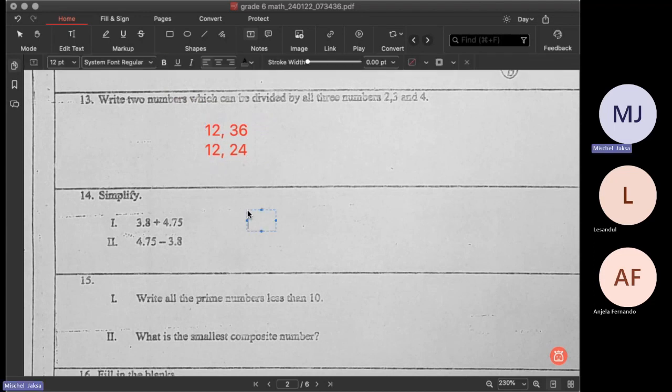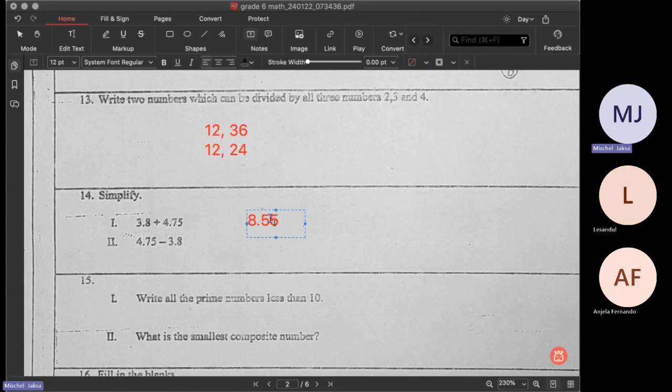Next one. Simplify the given values. 3.8 plus 4.75. What is the answer? 8.55. Well done. When we add 5, we don't have anything to add, so we write 5. 7 plus 8, we get 15.